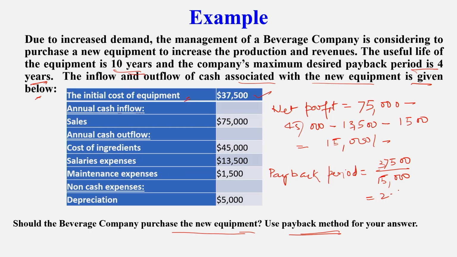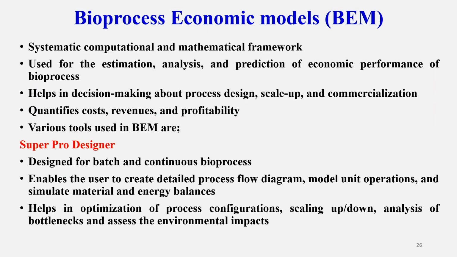So, you will get 2.5 years, and as you are getting 2.5 years, it means it is very much possible to meet the expectation of the company, and the company should go ahead with purchasing this new equipment. Here, depreciation is not considered because it is a non-cash item.